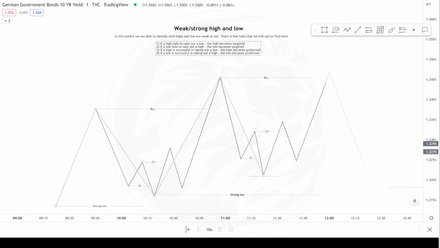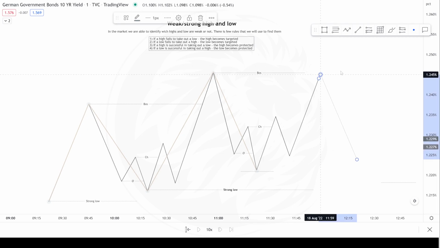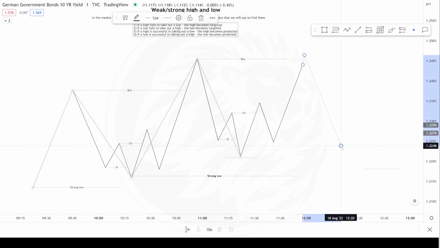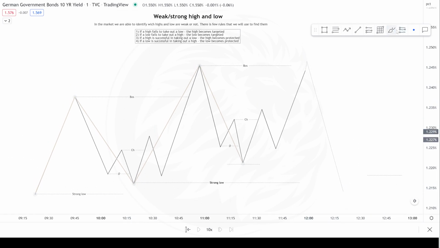So three, if a high is successful in taking out a low, the high becomes protected. So for example, if now we have something like that, so if price here doesn't break above this breaker structure here, and breaks the structure here, the strong low to the downside, this high will become protected because this high took out the last strong low in the market.